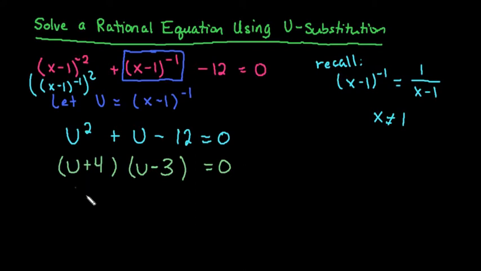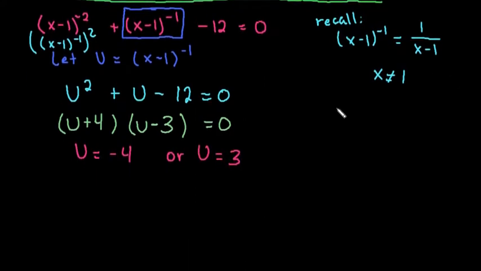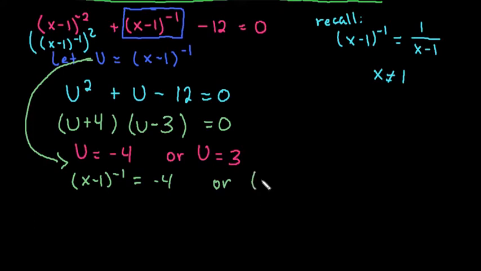So with this, we can say that u is either going to be negative 4 or u is going to be positive 3. Remember, we're not solving for u, we're solving for x. So we have to go back and replace this part back into our answer. I would say that x minus 1 to the negative 1 power equals negative 4, or x minus 1 to the negative 1 power equals positive 3.